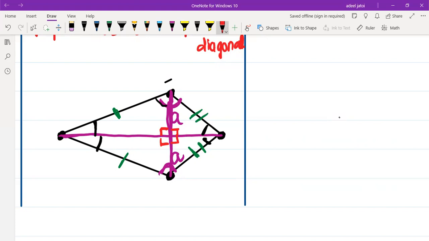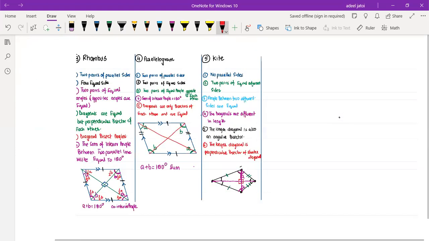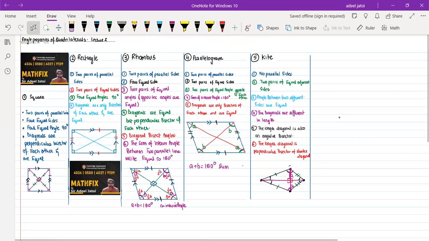And lastly, the perpendicular bisector creates 90 degrees between the two diagonals when they meet inside the kite. So this was the fifth quadrilateral property. Remember, a quadrilateral has four sides, and the total angle of the quadrilateral is equal to 360.